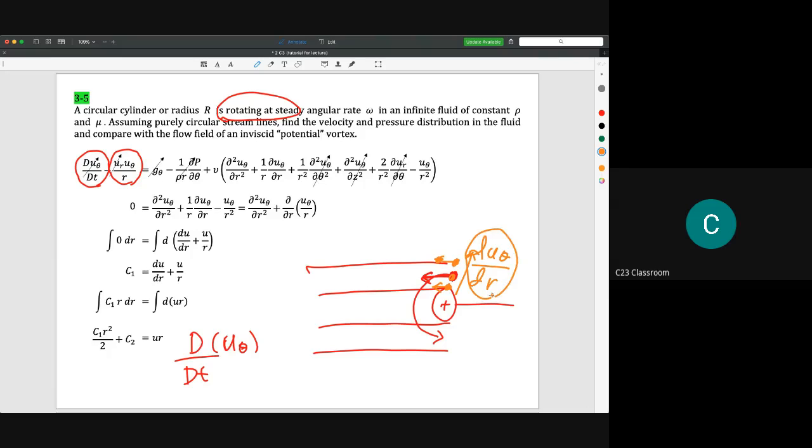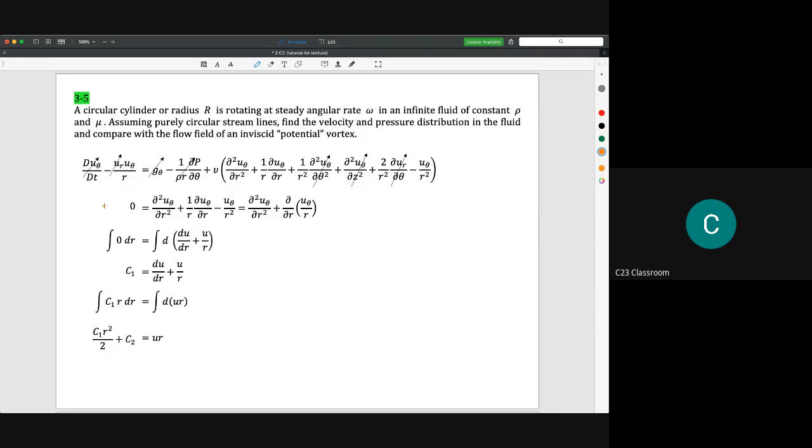So in this term, the u theta ur is not a differential term, so you need to substitute the value, but the value of ur here is actually constant.